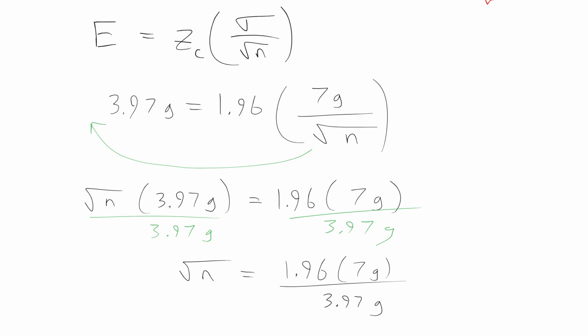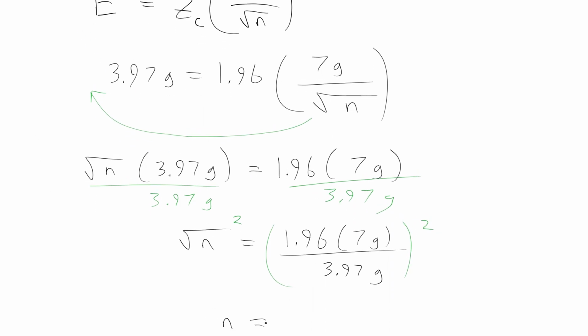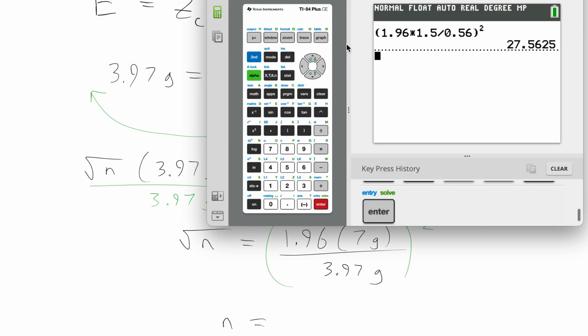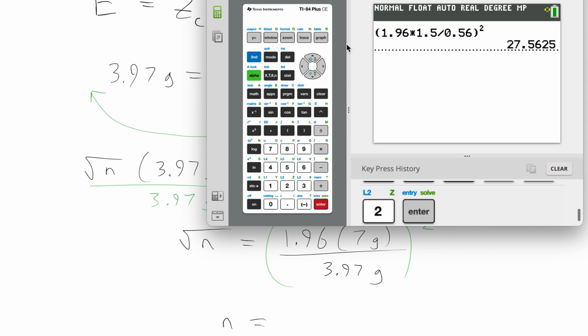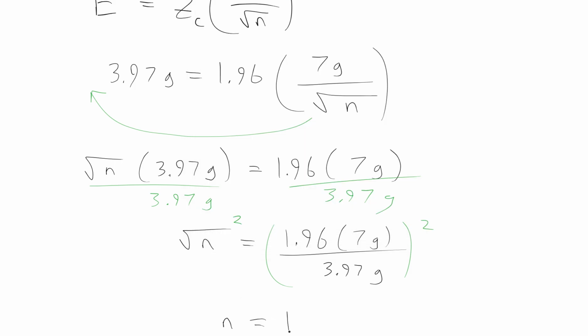And then we'll finally just square both sides. 11.9 is what I get, but we want to round that up to 12.